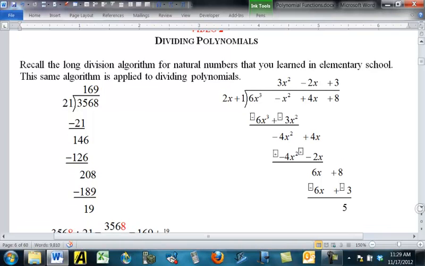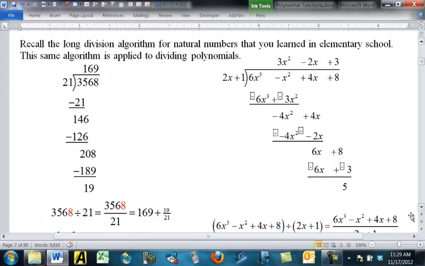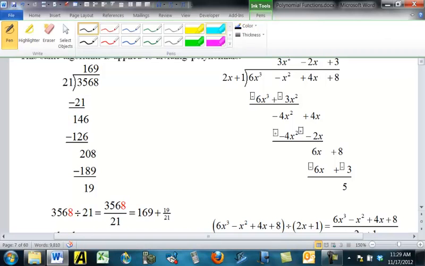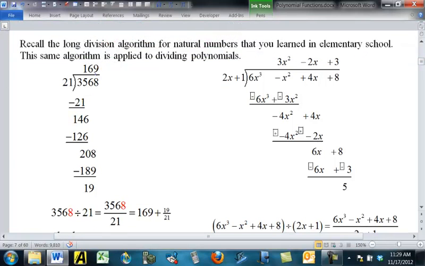So let's recall how the long division algorithm works, just as you learned in elementary school, for just natural numbers. Notice that what we're doing is dividing 3,568 by 21.